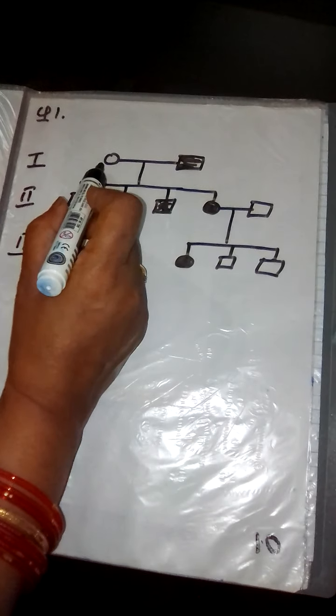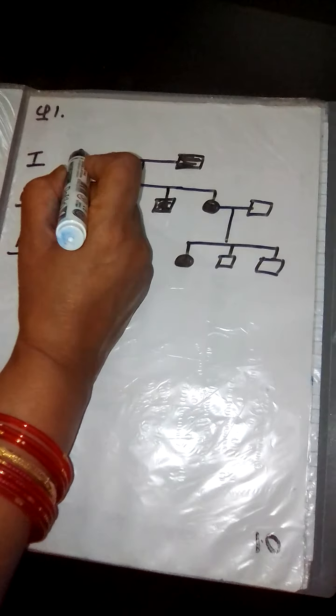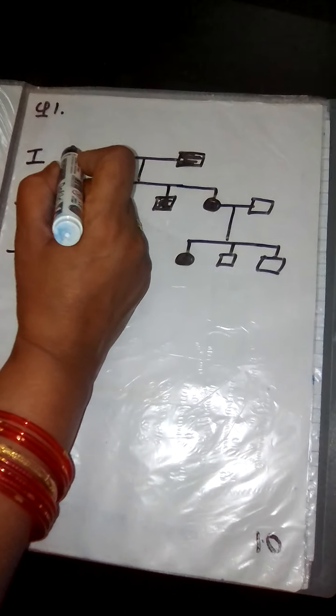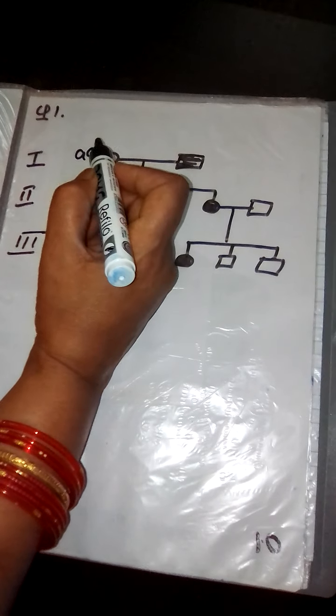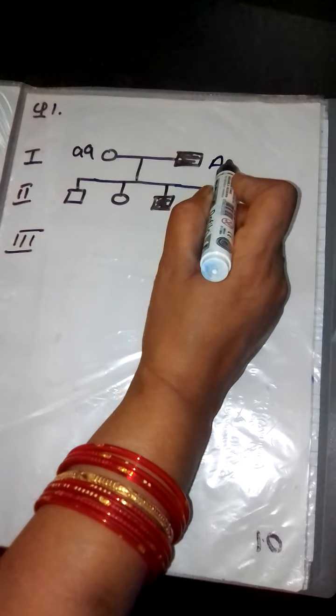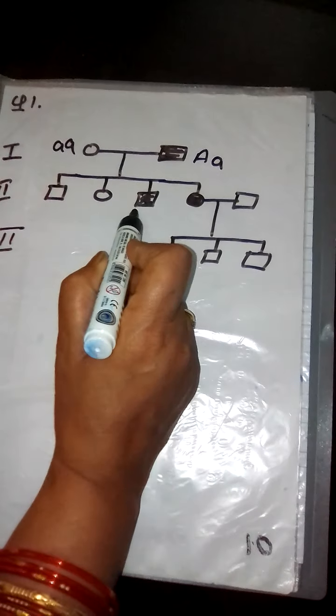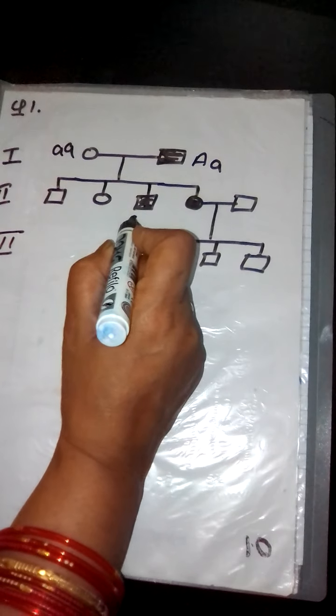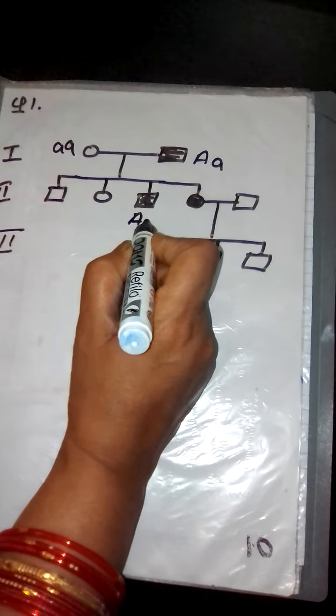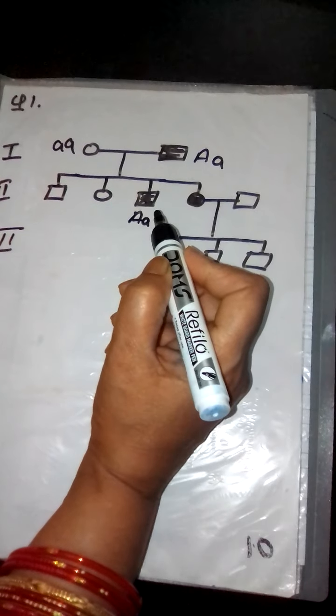The genotype of this mother will be small a, and the father will have the other genotype. Now the second is their third child shown in generation 2, which we have to write here: it will be capital A and small a.